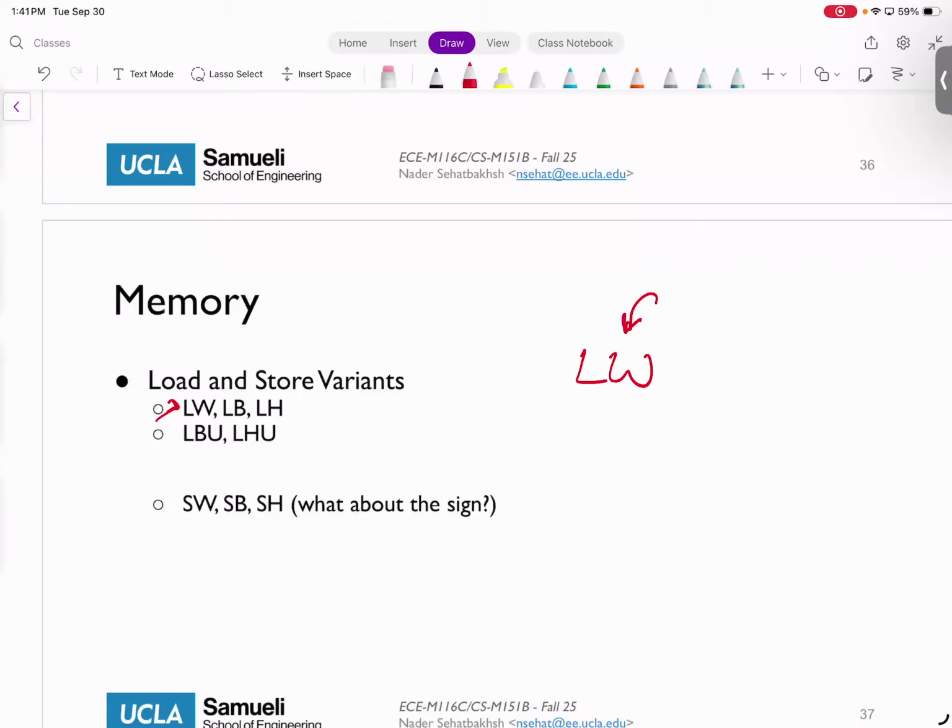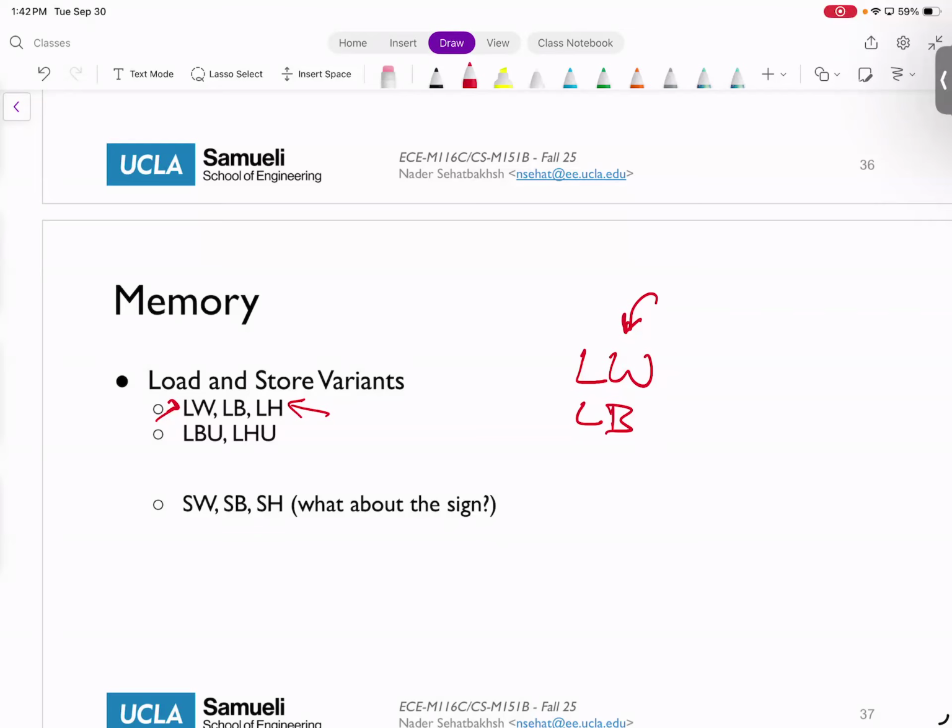So it means that I load the entire 32 bits. If I just want 1 byte, I do LB. So I load only 1 byte. If I want half of the word, which is 16 bits or 2 bytes, I do LH. Okay, so load half word.